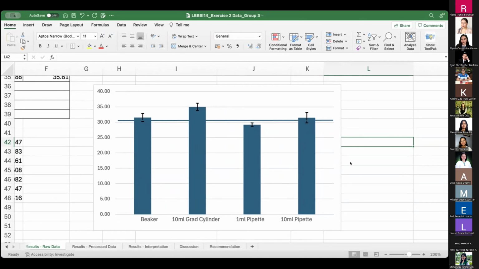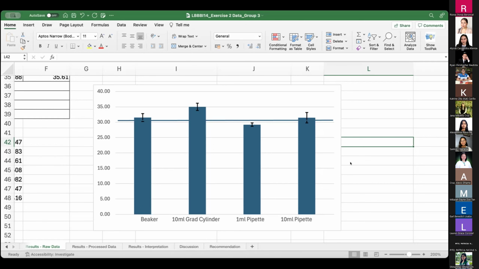So, yung line na yan, pwede nyo siyang idagdag dun sa graph nyo so that it represents the true value. So that it's easier for you to check which among the glasswares are closest to the true value after you've checked for significant differences.